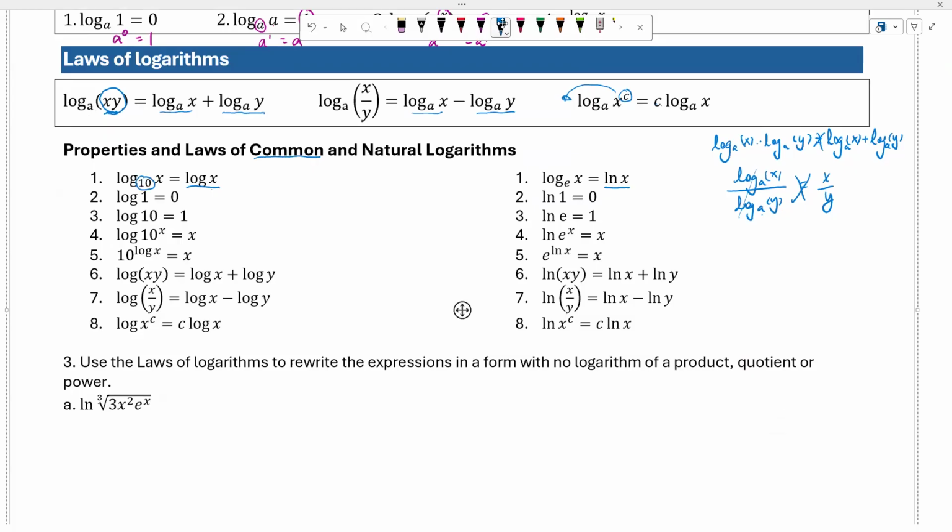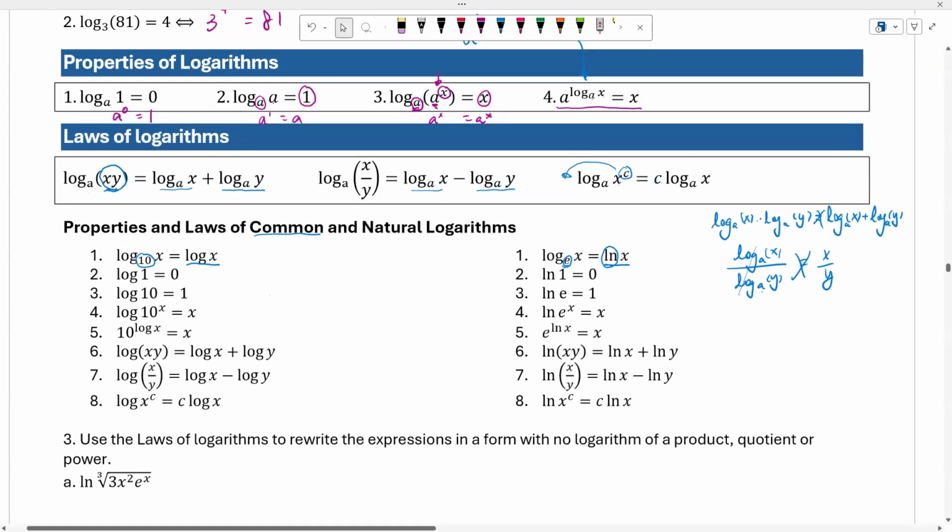And for the natural log, ln of x, the base is e. Because of this special property, when you see log of 1, it is equal to 0. We just work with the properties here. Then log of 10 is 1, log of 10 to the x is x, and 10 raised to the power of log of x is x.